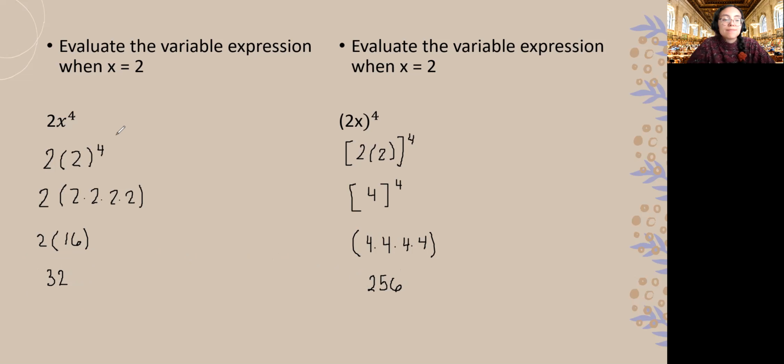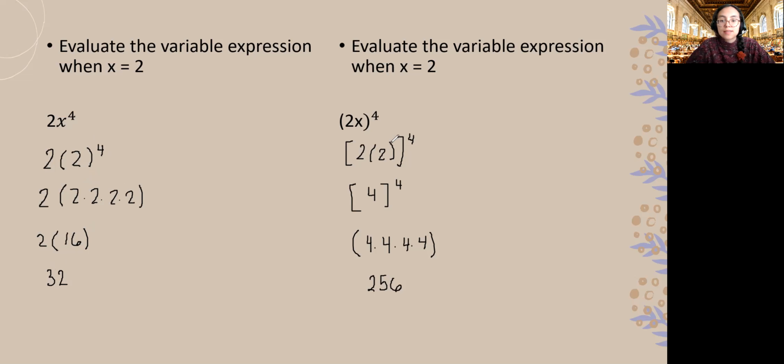And as an example of how they guide us, here at the very top on the left, we had 2 times this 2 raised to the fourth, and we did this inside first. Then we took care of this multiplication, and then we can multiply with the 2 and the 16.